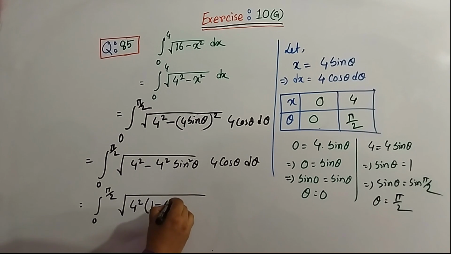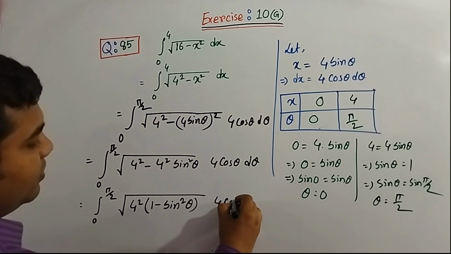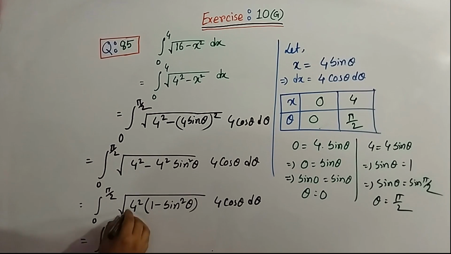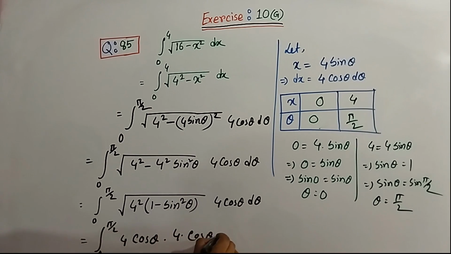One minus sin square theta, 4 into cos theta d theta, and here 0 to pi by 2, it should be 4, and 1 minus sin square theta is cos square theta, and for the root it should be only cos theta, 4 cos theta d theta.